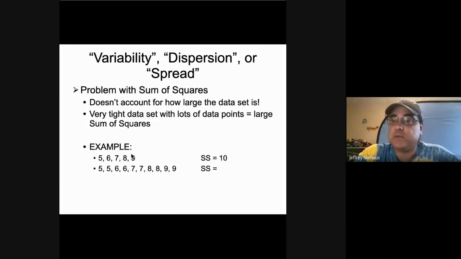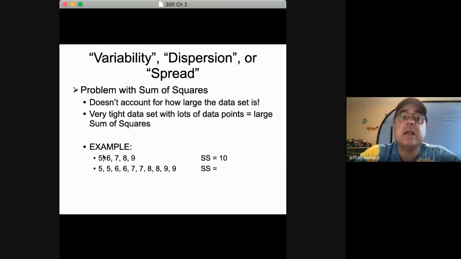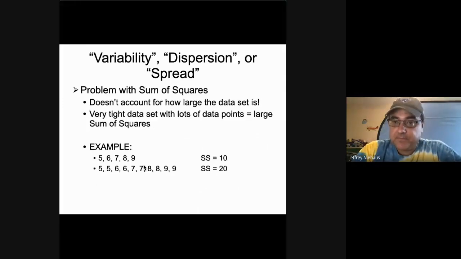But nevertheless, if you did a sum of squares for this 10 value data set, you would get 20, because everything that I did up here, I'm doing it twice down here. So like many things, when you're trying to get a typical value, you have to take into account how many values went into the sum. So in order to cut the sum of squares back down to size by taking into account how many values went into the sum of squares, what do you think we ought to do?